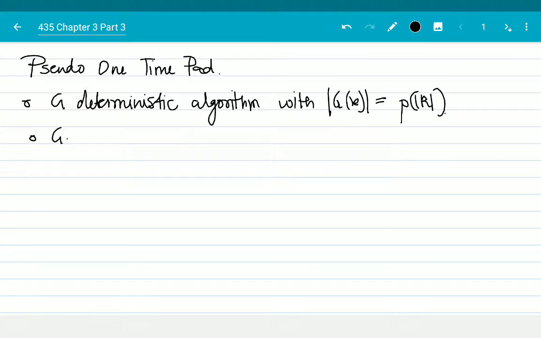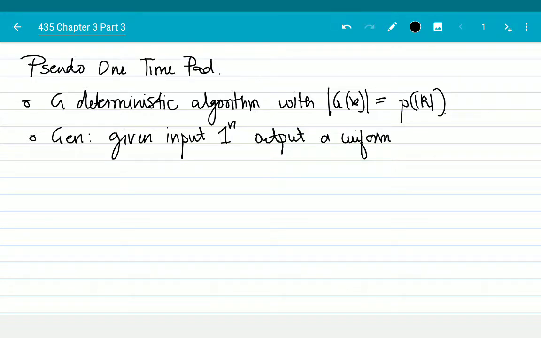How did the generator work? Given input 1 to the n, it outputs a string, given a uniform n-bit key.